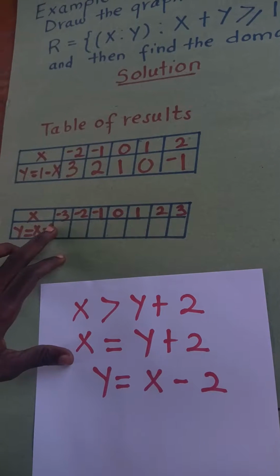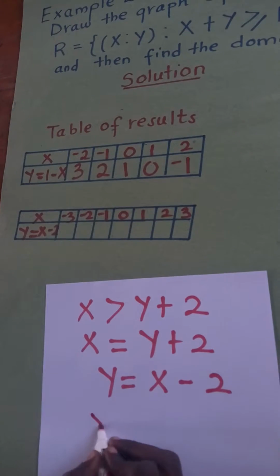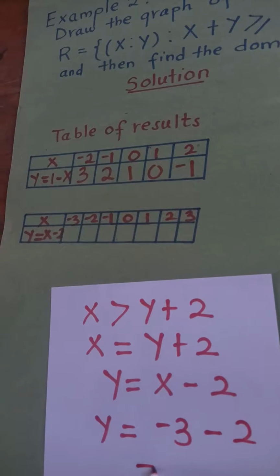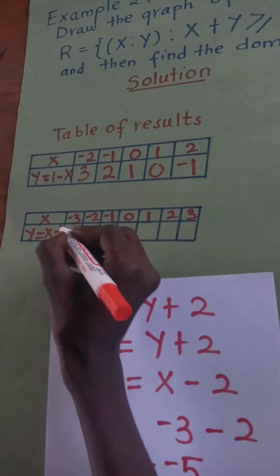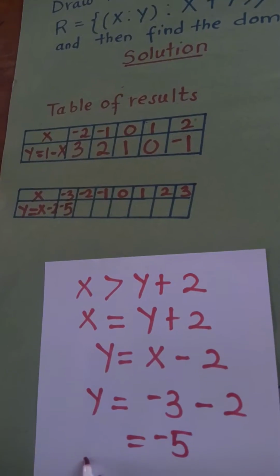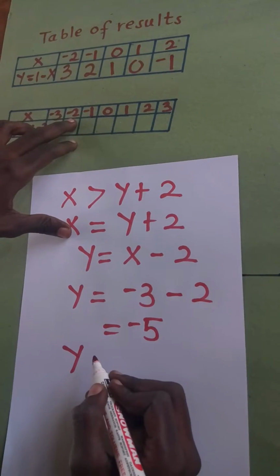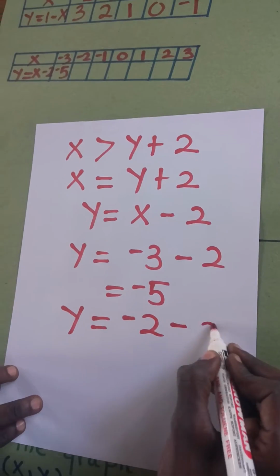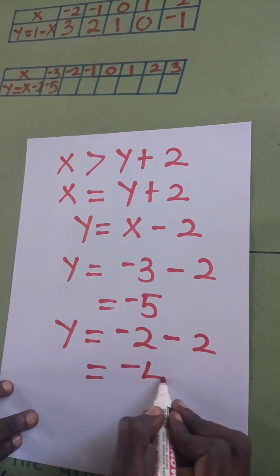So when x is negative 3, y is equal to negative 3 minus 2, which is negative 5. When x is equal to negative 2, y is equal to negative 2 minus 2, which is equal to negative 4.